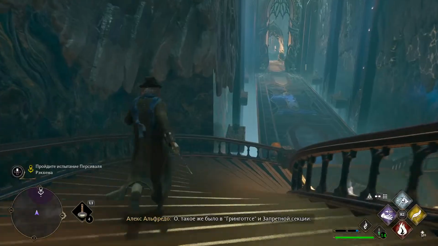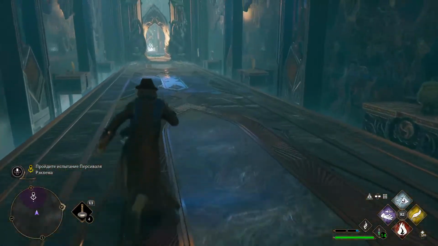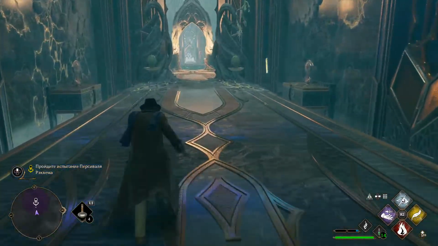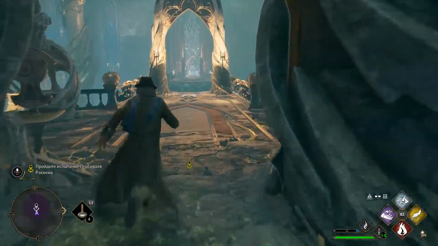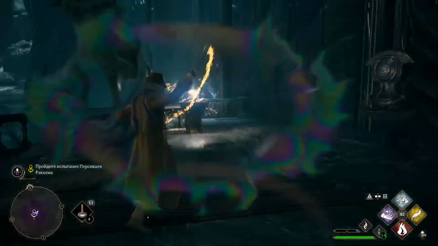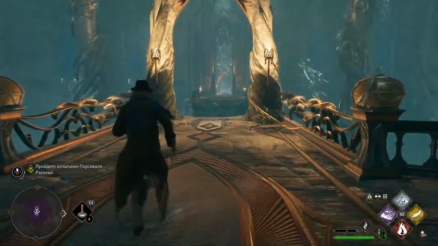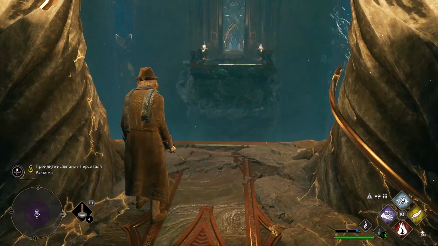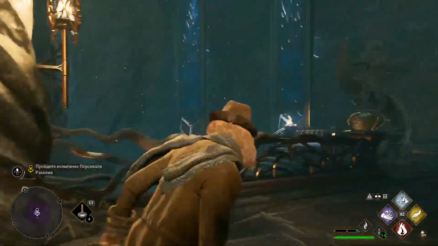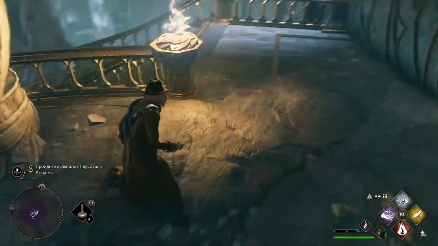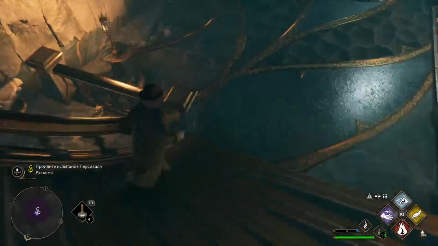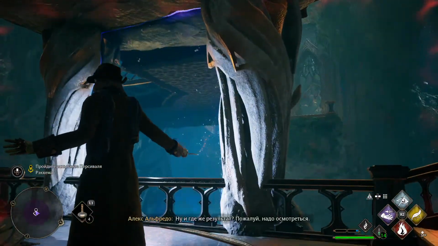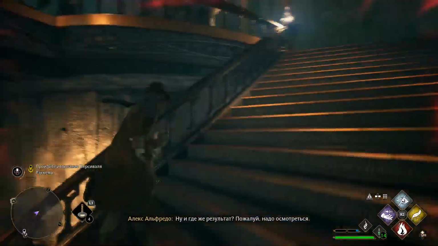I've seen this before, in Gringotts and the restricted section. That must have done something. Best have a look around.